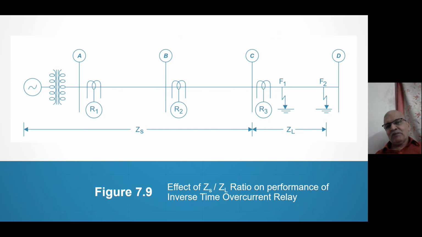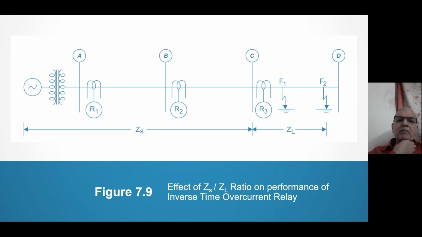For fault F1, just after relaying point R3, and for fault F2 at the end of the line CD, fault current is more or less equal to E upon ZS, meaning more or less constant or insignificantly different. So time of operation also is insignificantly different, and therefore the application of normal inverse IDMT over current relay is not justified. That is our first problem in normal inverse IDMT over current relays, that we cannot justify the normal inverse.